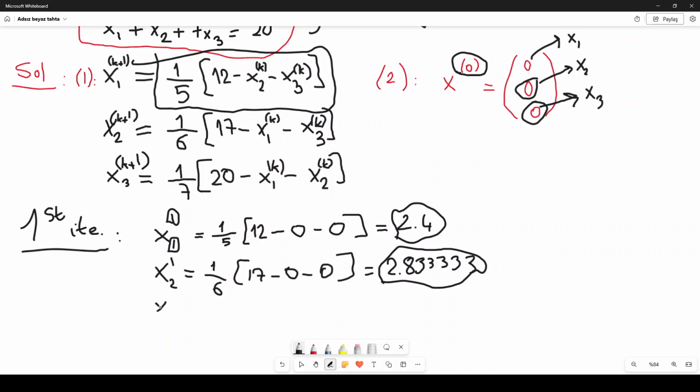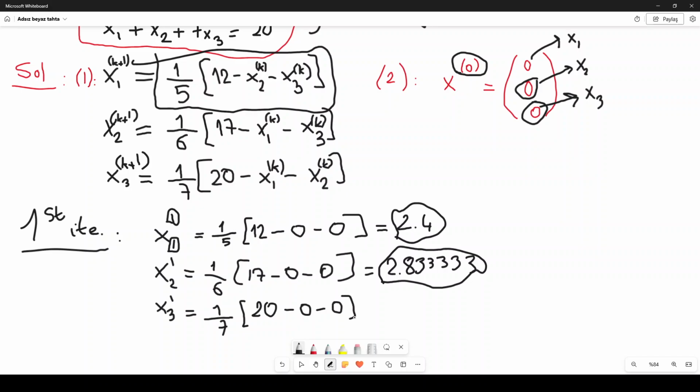And for x3, I apply the same formula: the new value of the third unknown variable is 1 over 7 times 20 minus the initial guesses of x1 and x2, which are both zeros.